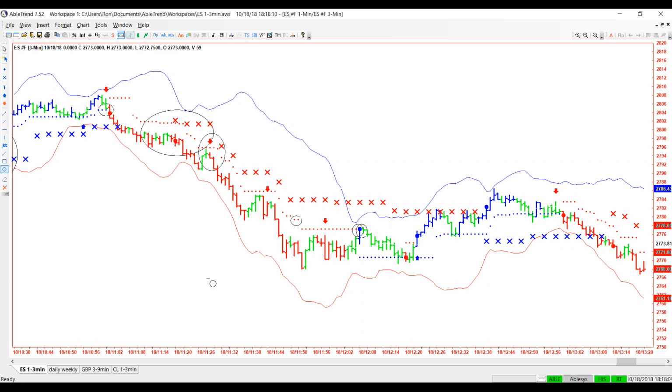So if NQ is a little whippy for you, it makes perfect sense to go to ES. It's a little slower, not as crazy, and as I've been saying for weeks and months now, if NQ is a little too volatile, go to ES.